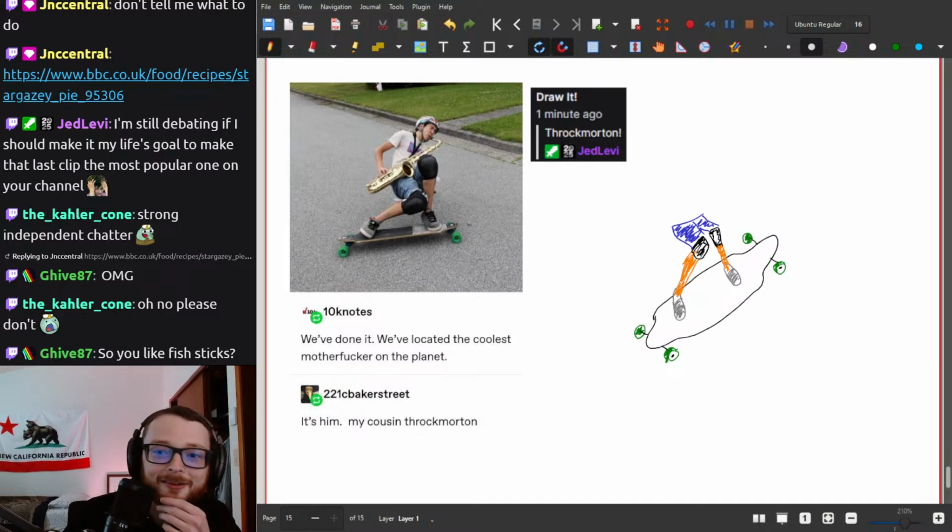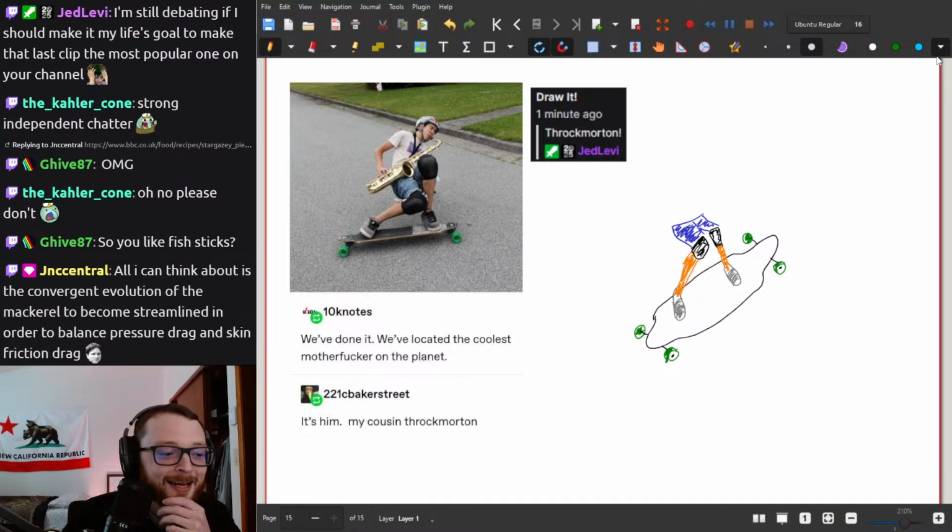You know, I wouldn't mind. I love fish sticks. Convergent evolution of the mackerel to become streamlined in order to balance pressure, drag, and skin friction. Oh, wait. You know, I don't think I want to know, Central.